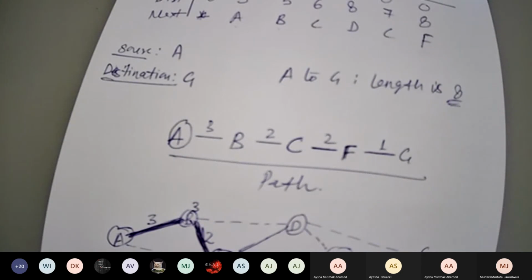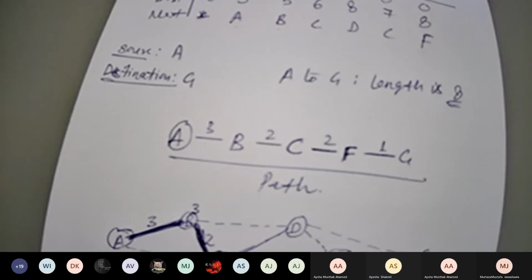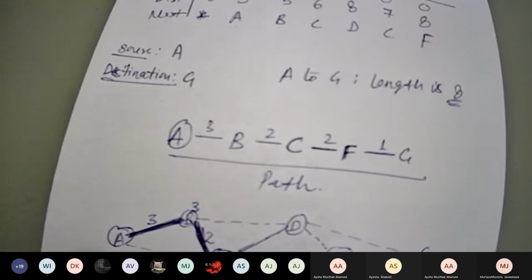You were talking about something here, the D and F comparison. Should we change or not? Now you understood why we were not changing? Yes, sir, I understand. I thought that all the nodes should be included, but I realized that it's only about the shortest path. Whenever we talk about all the nodes being included, that is called a spanning tree. But here you are finding the shortest path.